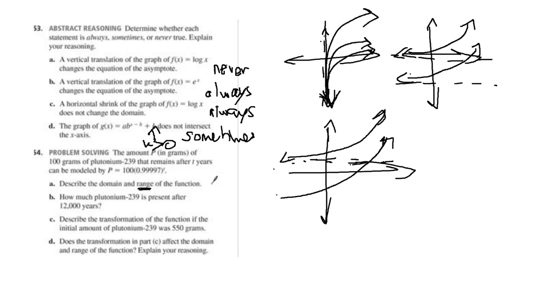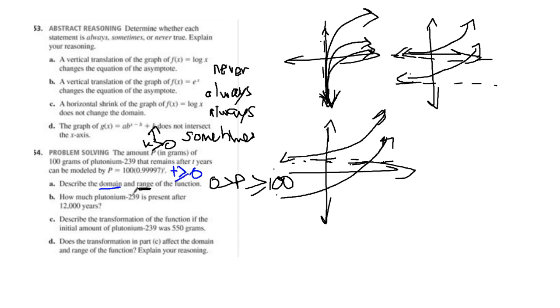So the range is 0 < P ≤ 100. The domain is t higher than or equal to 0, right? So the domain can be any number higher than 0, but the range has to be between 0 and 100.